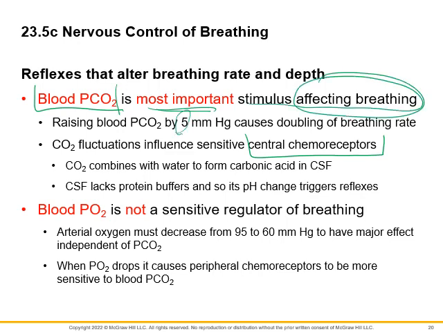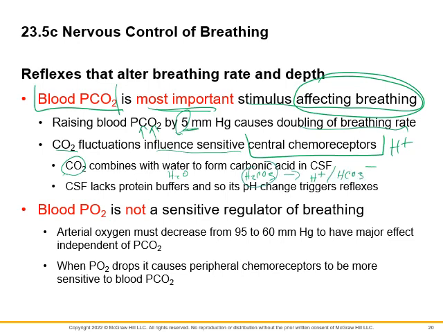Just raising your CO2 levels in a small increment can double your breathing rate. The CO2 causes the sensitive chemoreceptors to detect that hydrogen ion concentration, and remember the CO2 combines with water to form carbonic acid, which then can break down into hydrogen ions and bicarbonate ions.